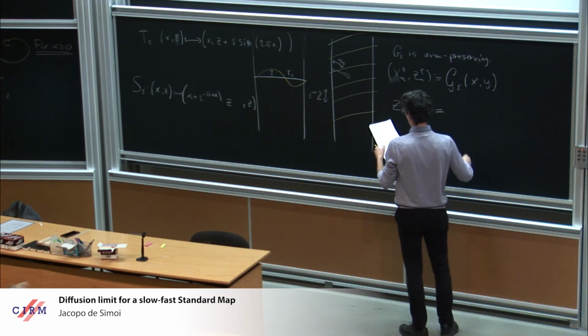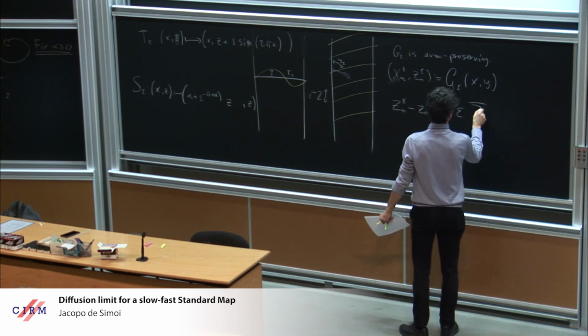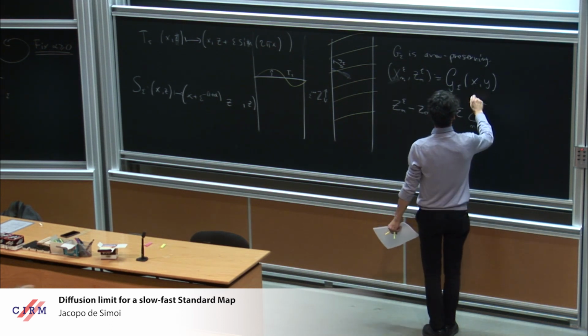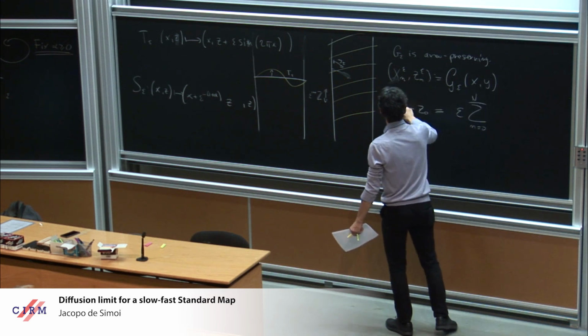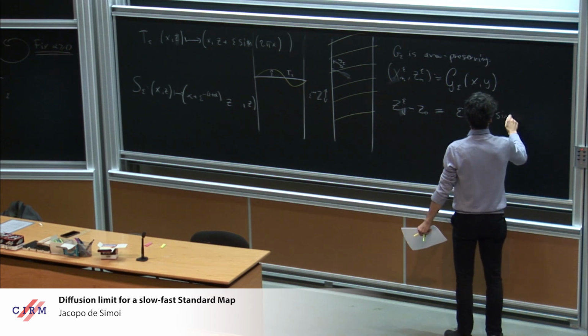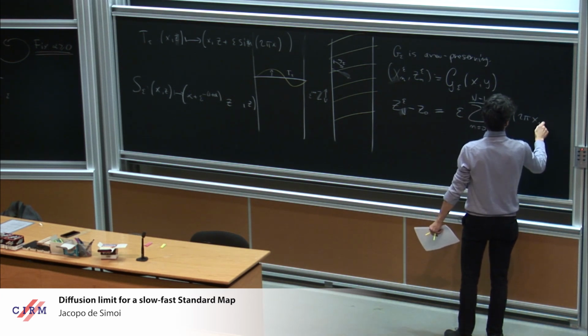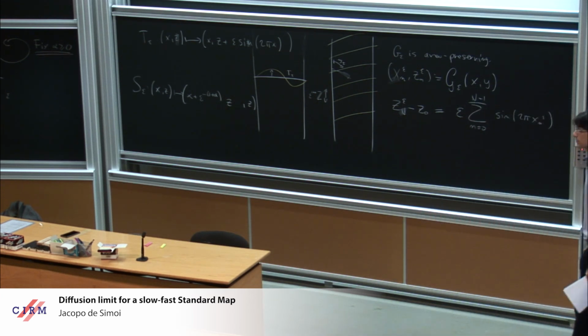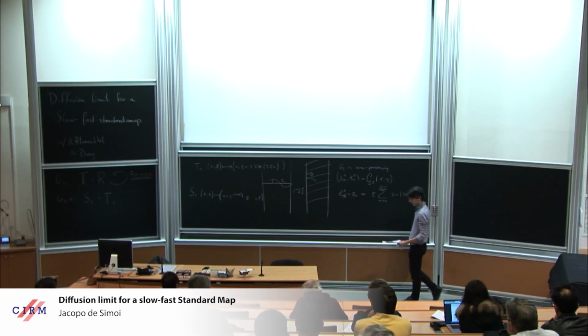And this is just given by the sum n equal to 0 to big N minus 1 of sine 2 pi X n epsilon. So this is a Birkhoff sum of this function sine.